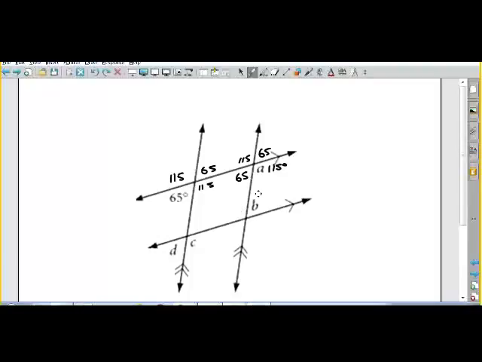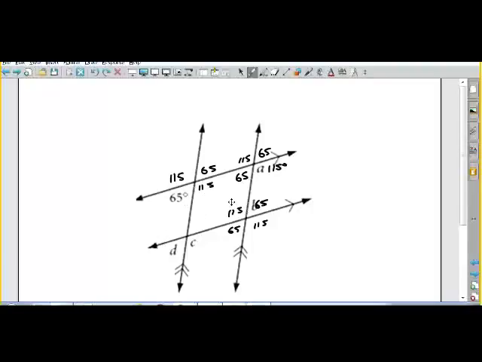Is that a small angle or a big angle? Yeah, that's good. The smaller of these two is 65. And therefore we know all the other ones: 115, 115, 65.